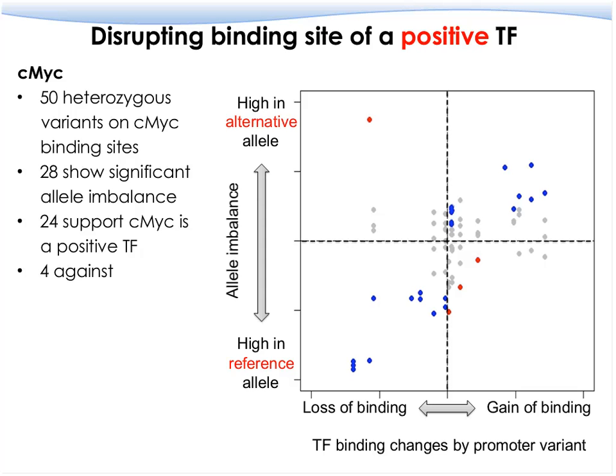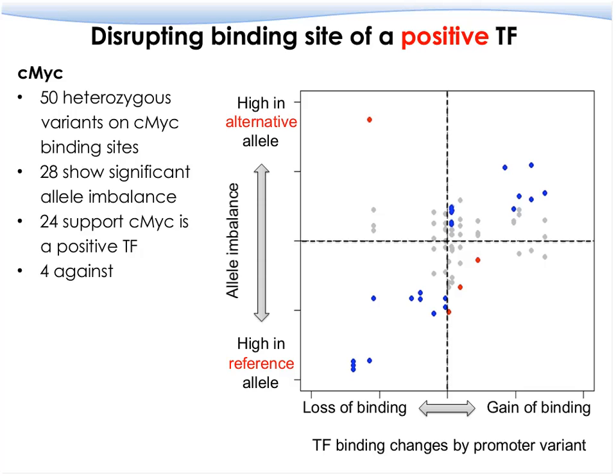From this figure, you can see that X corresponds to the transcription factor binding change caused by the promoter variants, where the right part represents the gain of binding, and the left part is the loss of binding. And the Y here represents the allele imbalance identified from the RNA sequencing data.